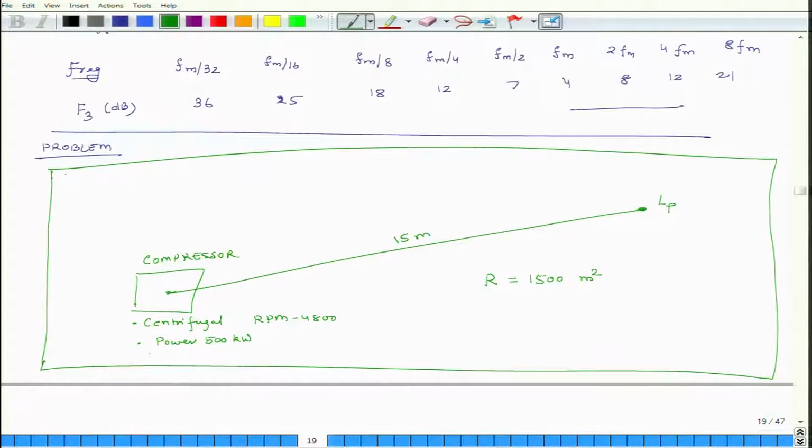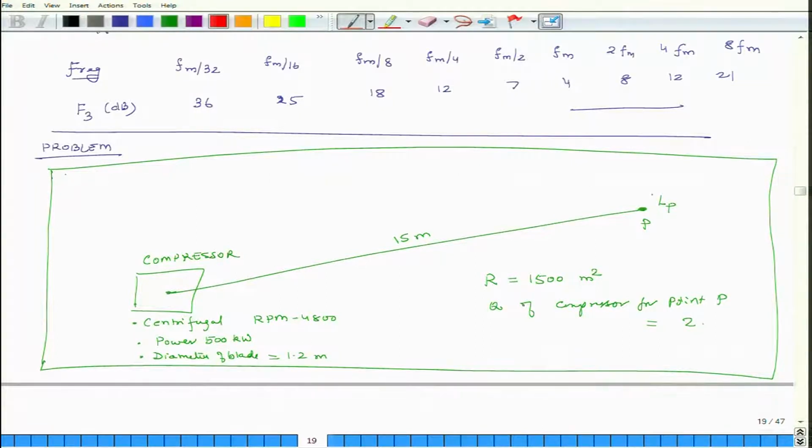The diameter of the blade is 1.2 meters, and the directivity of the compressor for point P is given as 2.